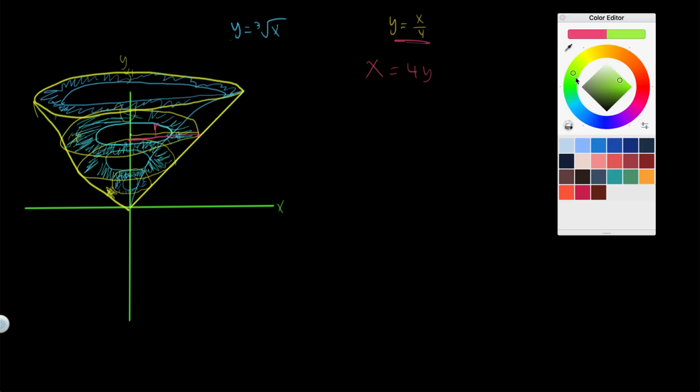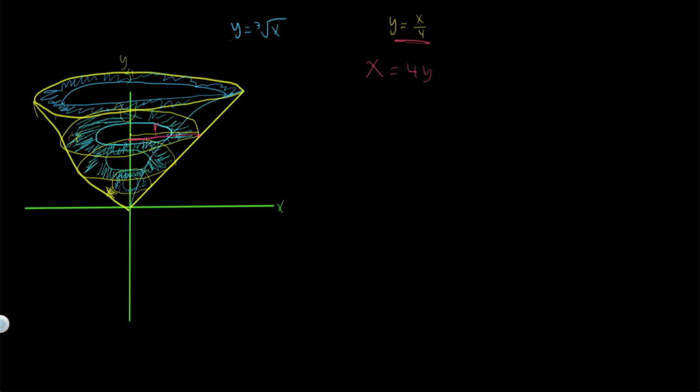So depending on what y value we're at, that gives us the radius. And then if we want to find the radius of the inner circle, we can do something very similar. We can take the length from, again, the y-axis to our blue function, and that is x equals y to the third. If we want to find the area of the shaded region, we can take the area of the full circle and subtract out the area of the inner circle.